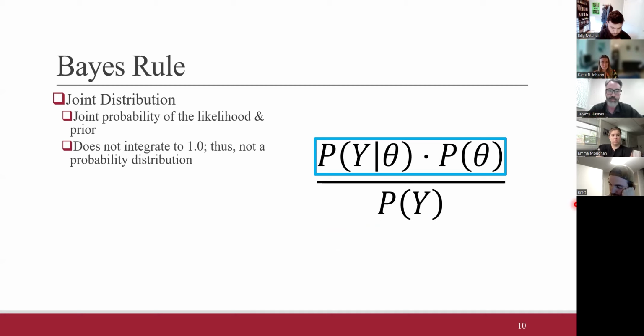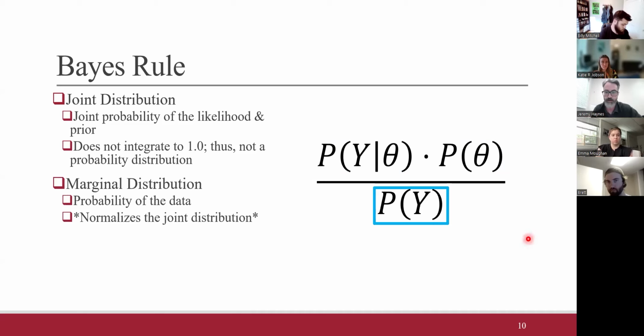The joint distribution does not integrate to 1, which means that it is not a probability distribution, and we cannot interpret this distribution on the probability scale. This is why we need that denominator, the marginal distribution. Again, this is the probability of the data. All the marginal distribution does is normalize the joint distribution and basically turn it into a probability distribution.